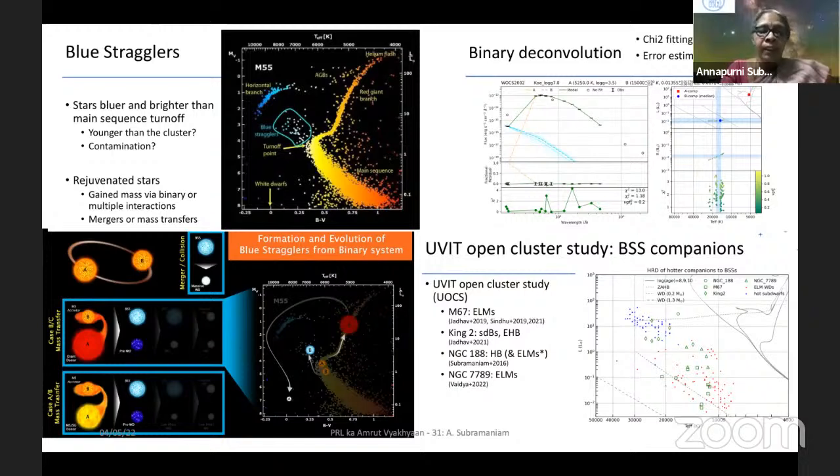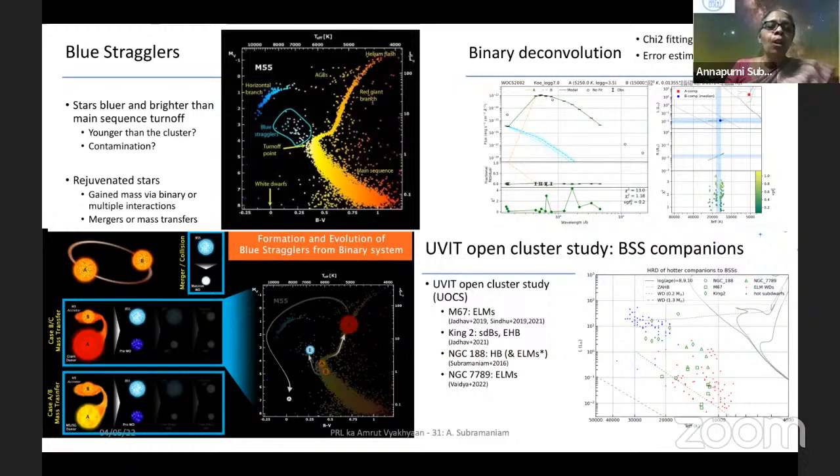But there was a surprise hidden out there, two surprises in fact. One is that people expected the remnant to be a normal white dwarf of mass about 0.45, which is the minimum mass one can produce from a single star evolution. But we were getting stars which are less massive, of the order of 0.2 solar mass, which would mean that while the stars are in the red giant branch itself, the outer layer gets stripped off.